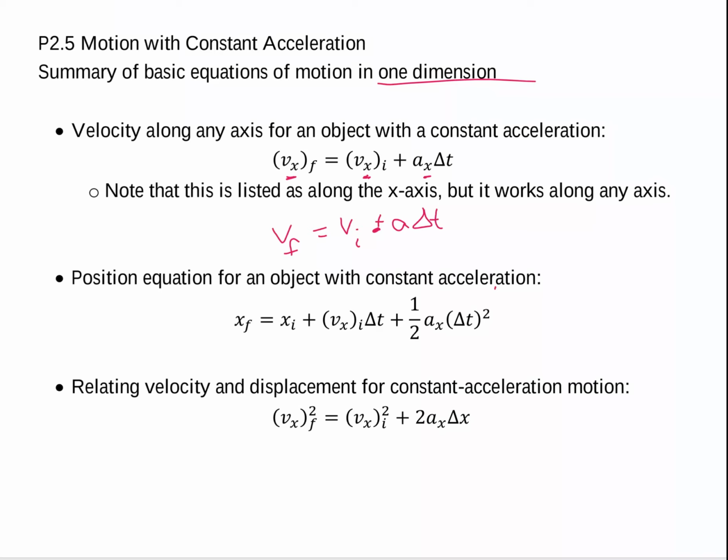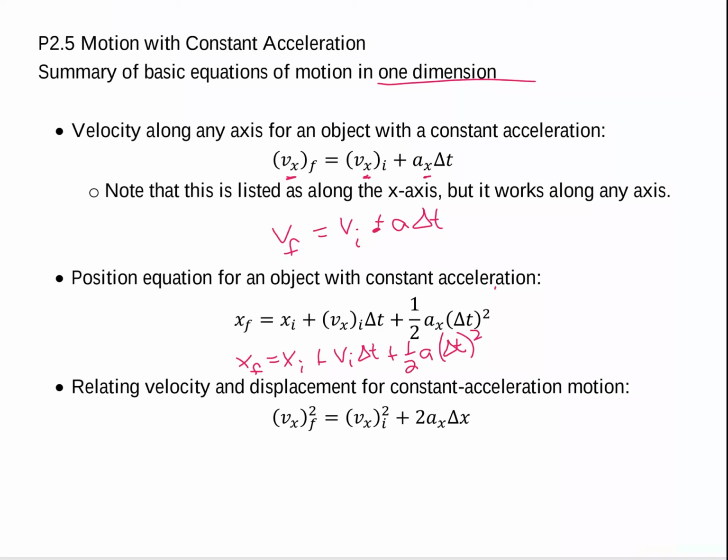So that would simplify to this: x sub f equals x sub i plus velocity initial delta t plus 1/2 acceleration, and then this delta t is squared. So we just got rid of the sub x, that subscript there. And really it didn't simplify anything, it just let us not write quite as much, which is nice.